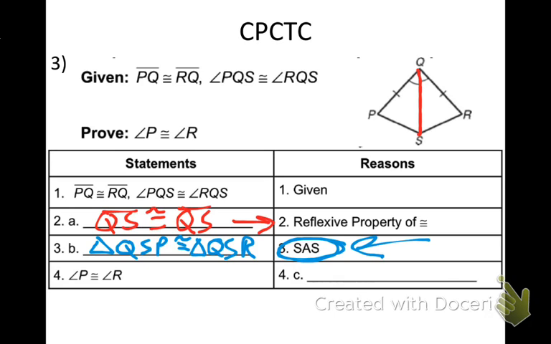Now the last part. How do I know angle P is the same as angle R then? Emily? Are the triangles congruent? So what do I know if the triangles are congruent then about all of the congruent parts of the triangle?